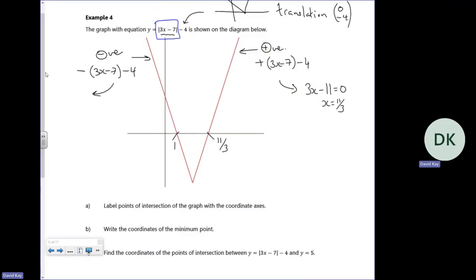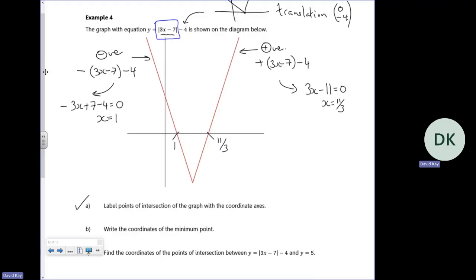For this part, it'd be minus 3x plus 7 minus 4 is 0. Take the 4 over, move it all around, and you get x is 1 there. So that'd be the root. So label that part, label the points of intersection.